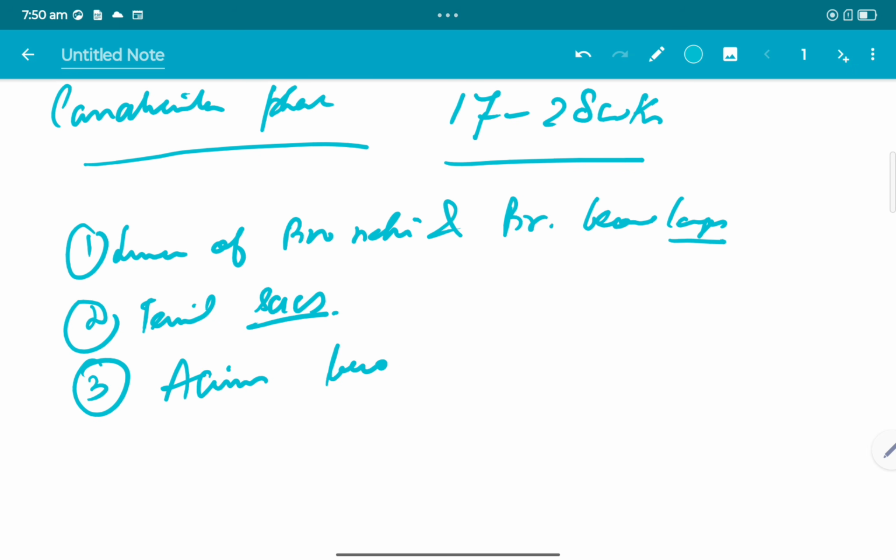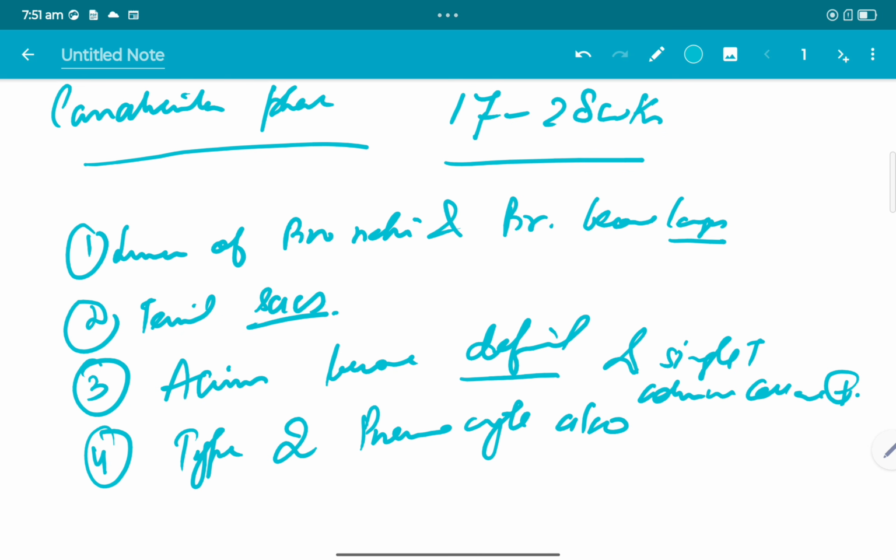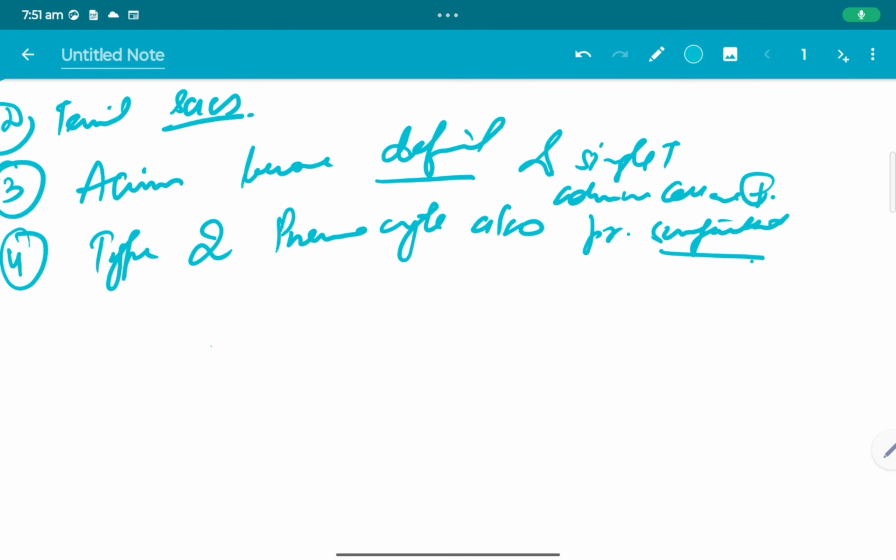Acinus becomes defined and single tall columnar cells are present. And in this phase, type 2 pneumocytes also produce surfactant. Okay. There is capillary migration to air spaces at distal bronchi.